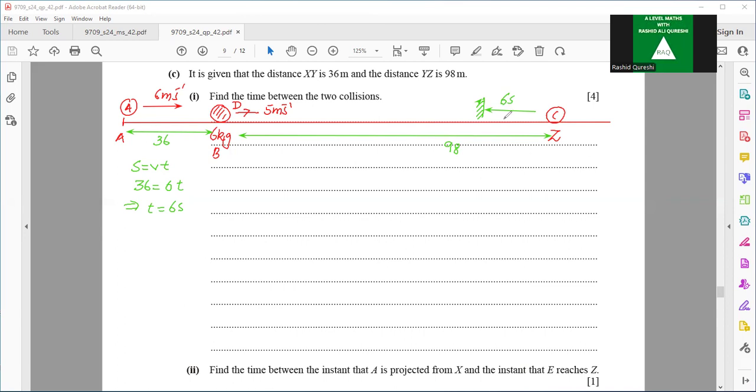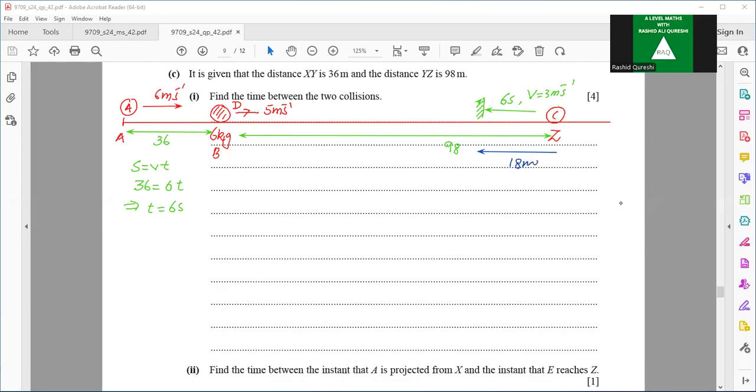Its velocity is v, and in the previous part we proved that v is equal to 3 meters per second. So how much distance will the particle cover? The particle will cover this much distance up to over here. That distance will be 6 times 3, that becomes 18 meters.